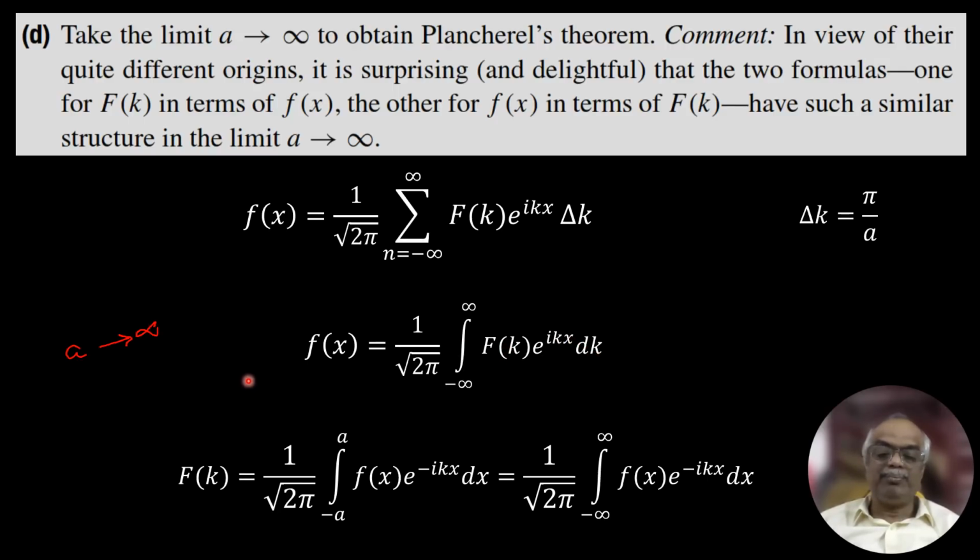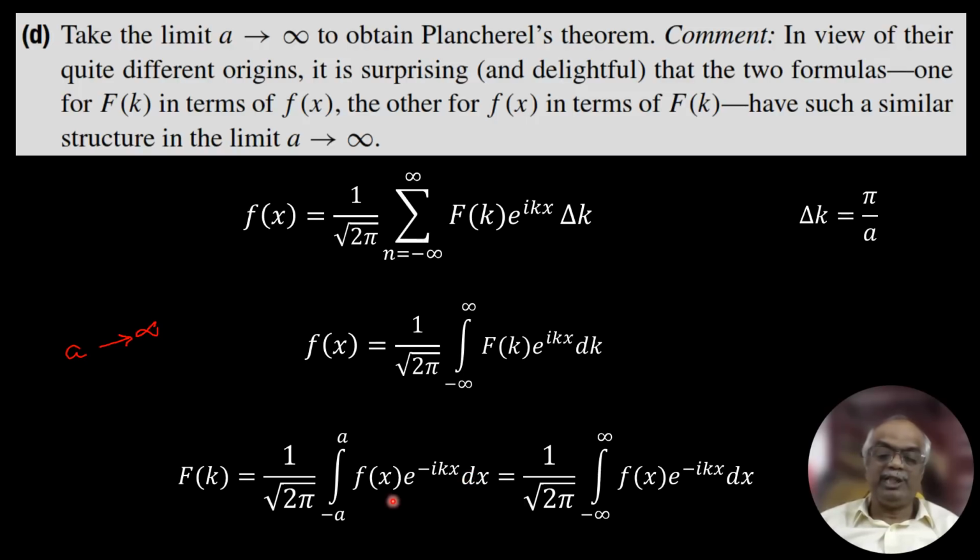Similarly, in the previous section, section C, we have also seen F of k is equal to 1 over square root of 2 pi integral between the limit minus a to plus a. You remember that it is minus a to plus a. f of x e power minus i k x dx. What will happen when a tends to infinite? This delta x will become smaller and smaller.